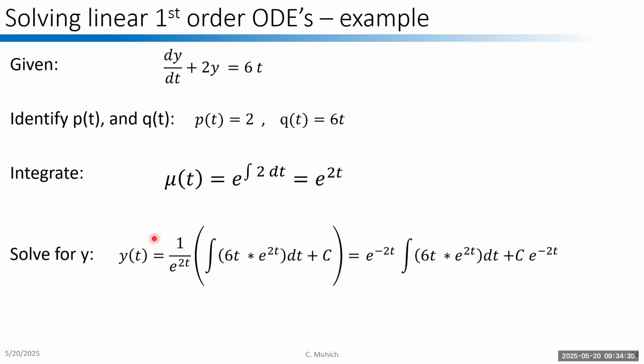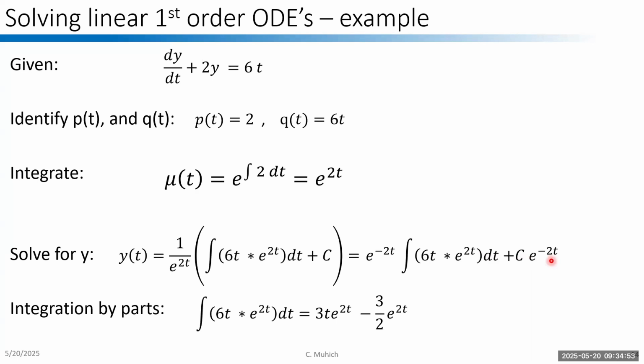I can take this, multiply it through. I'm left with e to the minus 2t times the integral of 6t times e to the 2t dt plus c times e to the negative 2t.